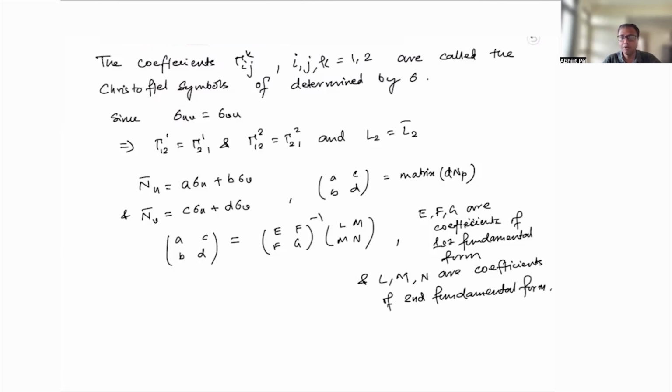Our next goal is to find these Christoffel symbols in terms of the coefficients of the first and second fundamental forms.